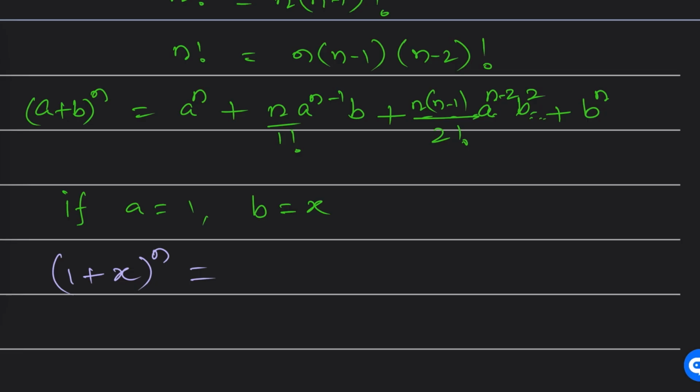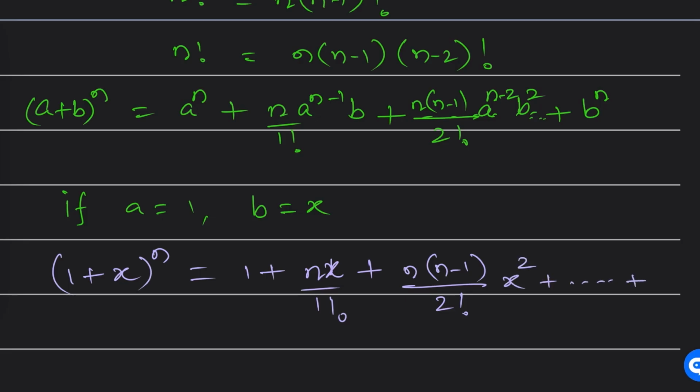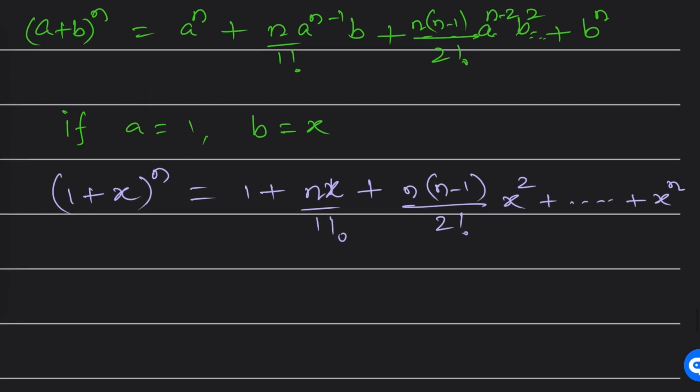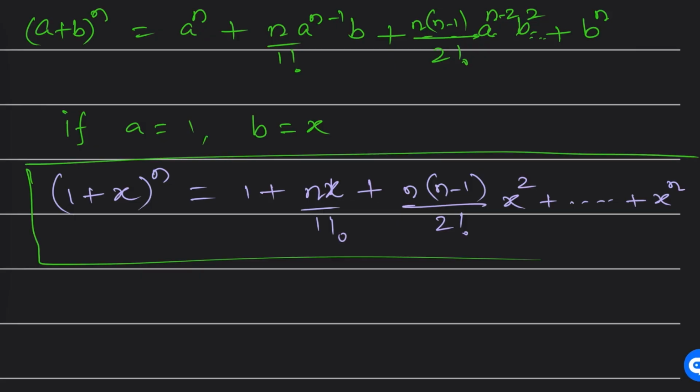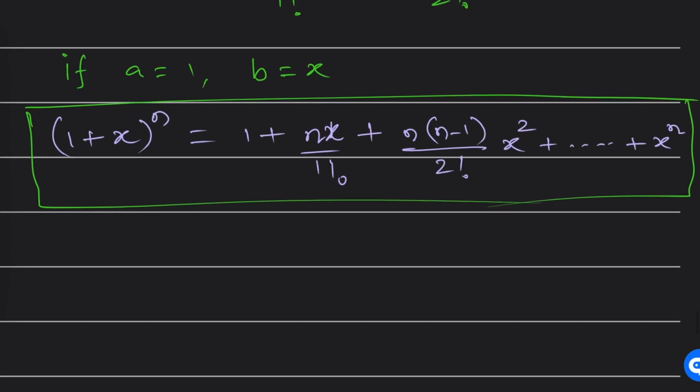Here it will become 1, and here n into b, b means x, plus n into n minus 1 divided by 2 factorial, and a is 1 so no need to write it, x power 2, plus so on up to x power n. This is the expansion you should remember. Very important. This is called binomial expansion. Fine, binomial expansion you understood.